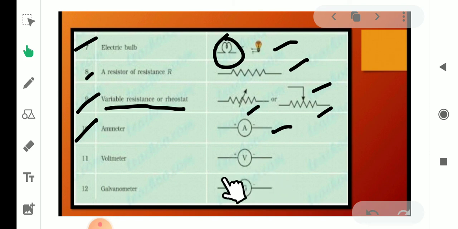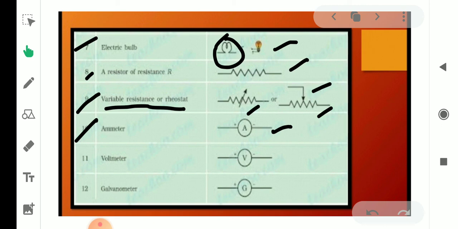It is denoted by the symbol capital G. It also has a positive terminal and a negative terminal. In the last picture you have seen the ammeter, voltmeter and galvanometer, which I had also shown you in 8th class.